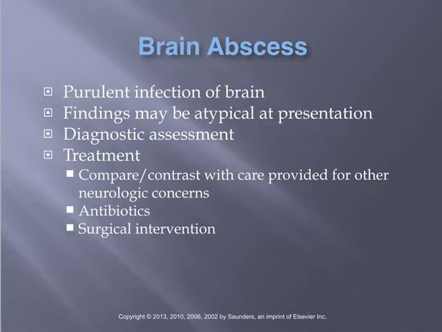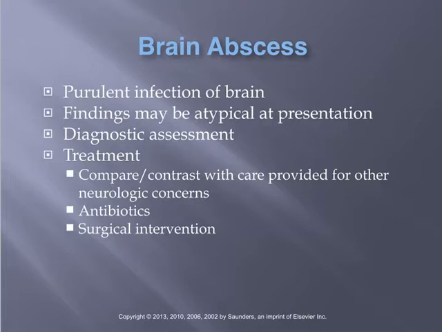Abscesses are a collection of pus, and when it's a brain one, it's within the skull. And the bad thing is that it creates a localized increase in pressure, and there's a high mortality for this condition. It can be very difficult to diagnose.